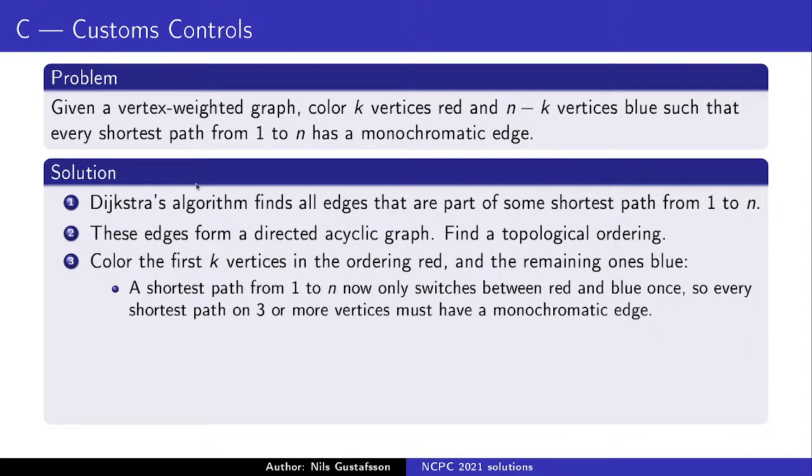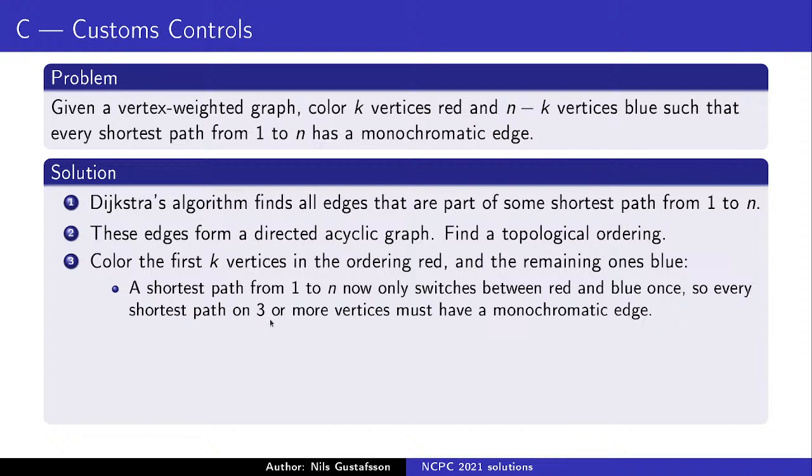So it's going to start with red, and then at some point it's going to switch over to blue, but then it's never going to be able to go back to red. So it's only going to switch between red and blue once. So any shortest path that uses 3 or more vertices must have a monochromatic edge if we color the vertices like this. So great, that almost solves the problem.